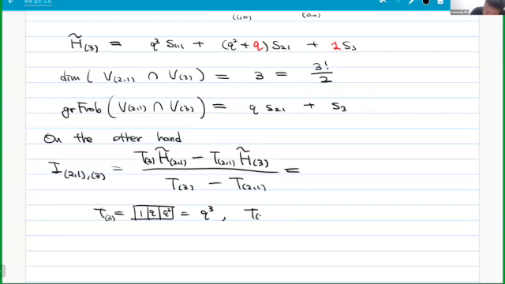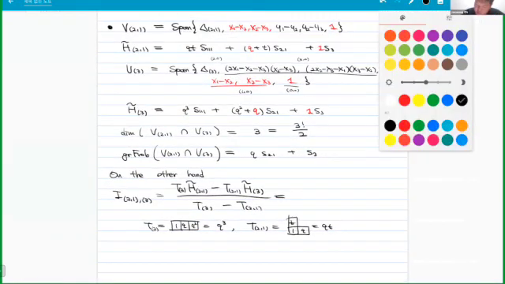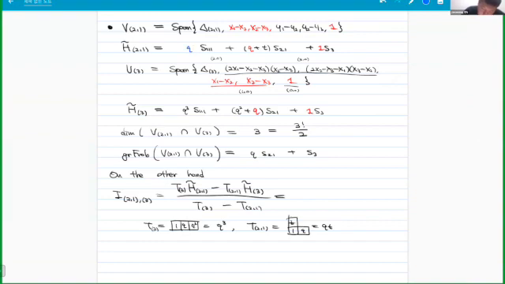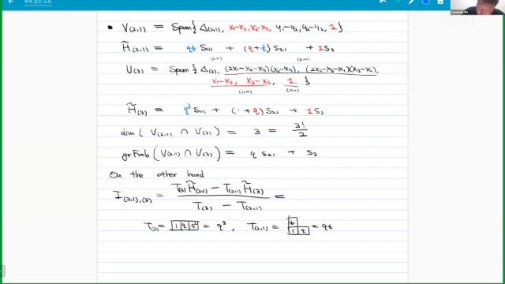And T_21 is 1 times q times t, so it's qt. And in this calculation, you can see that this is a ratio, qt versus q cubed. And this one too, so it's t over q squared, which is the same as qt over q cubed.